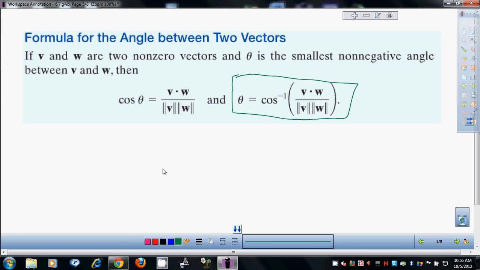To find the angle between 2 vectors, you just take cosine inverse of their dot product divided by the product of their magnitudes. So it's smart for you to start every time looking for the dot product.